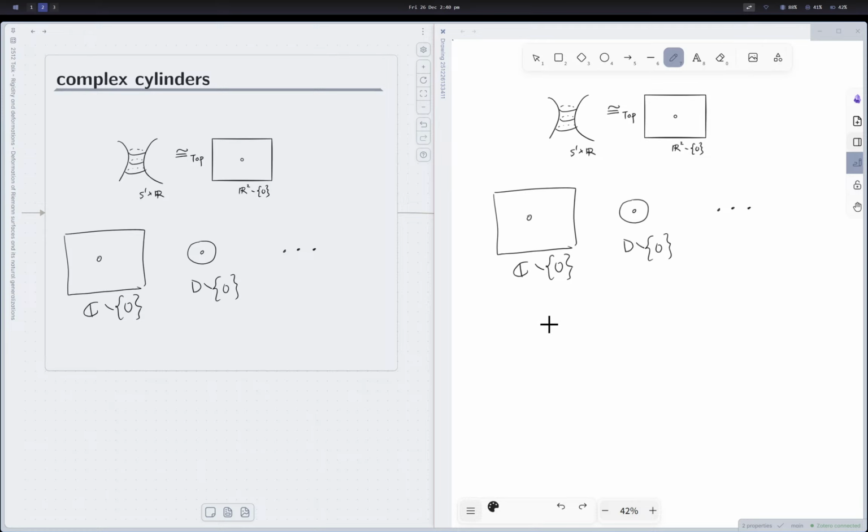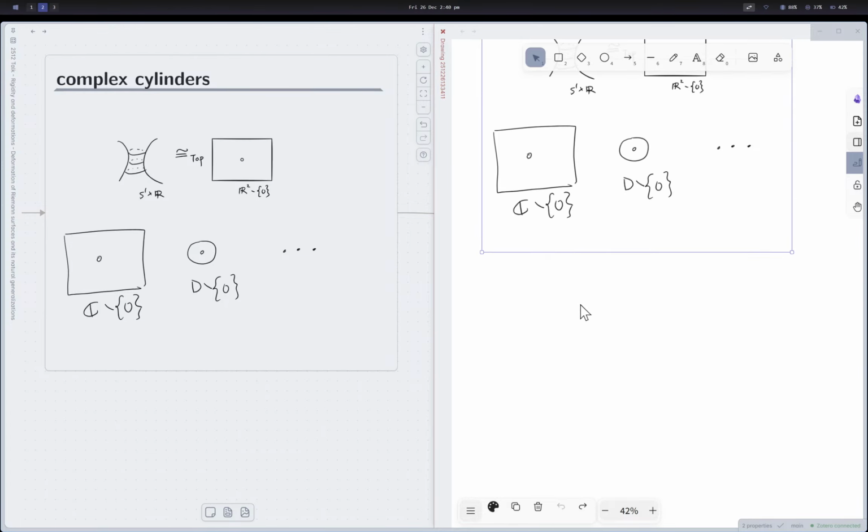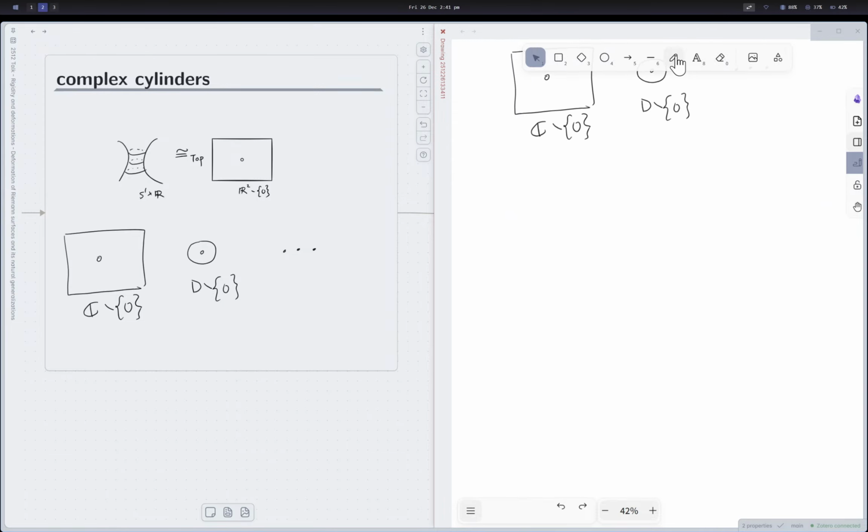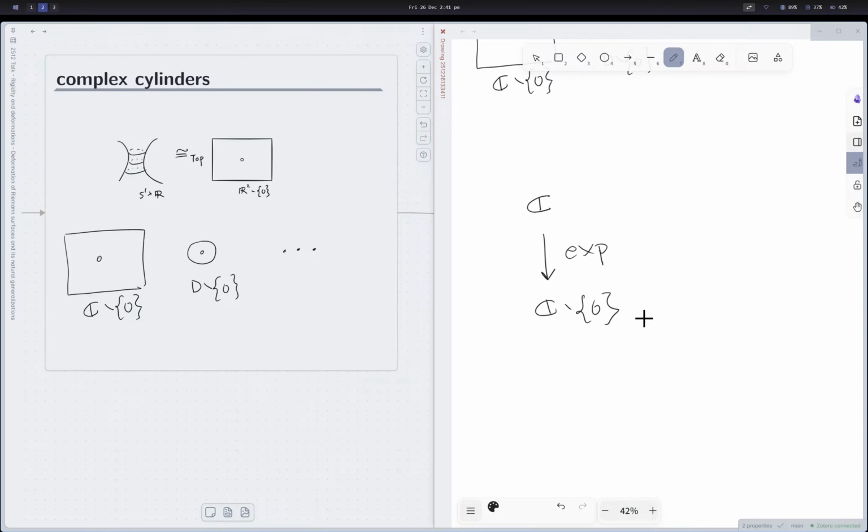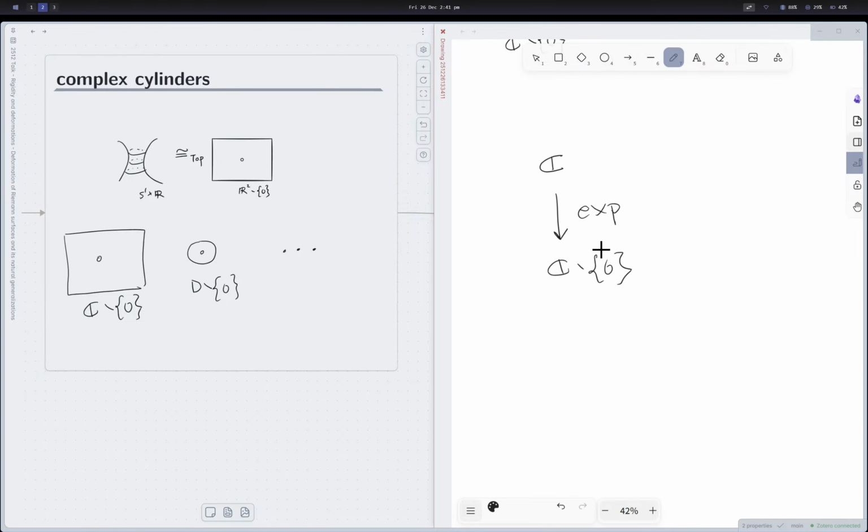So C minus 0. How do we understand these ones? We can understand them by looking at their universal covers. So consider the map which is the complex exponential. This map is very nice. It satisfies the property of being a covering map. It's surjective in particular, and a local homeomorphism, but it's even stronger than that. It satisfies something about the pre-image, and we can restrict this.